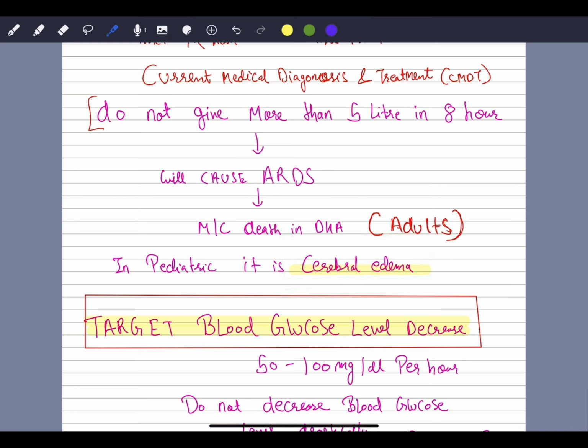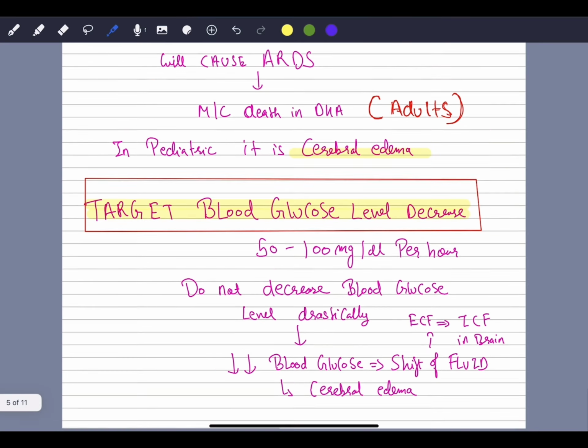So remember, do not give more than 5 liters of fluid in 8 hours, which can cause ARDS, acute respiratory distress syndrome. So we have to check the SpO2 of the patient. We have to add a pulse oximeter to the patient and check the oxygen saturation level, right?